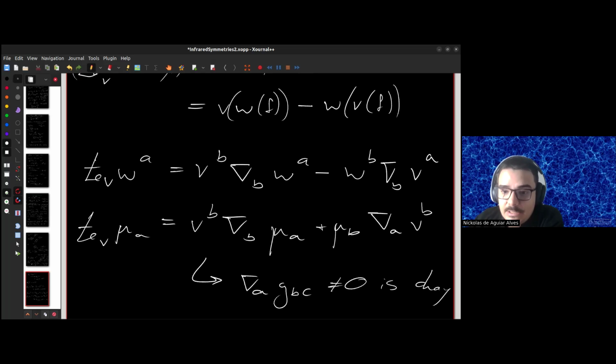You can use any derivative operator in here. In particular, you can use the standard derivative as long as you use it in every point, in every piece, in every term of the calculation. You can use whichever one you want. And this is useful because for some calculations that we're going to do, it will be useful to use derivative operators that are not the covariant derivative.